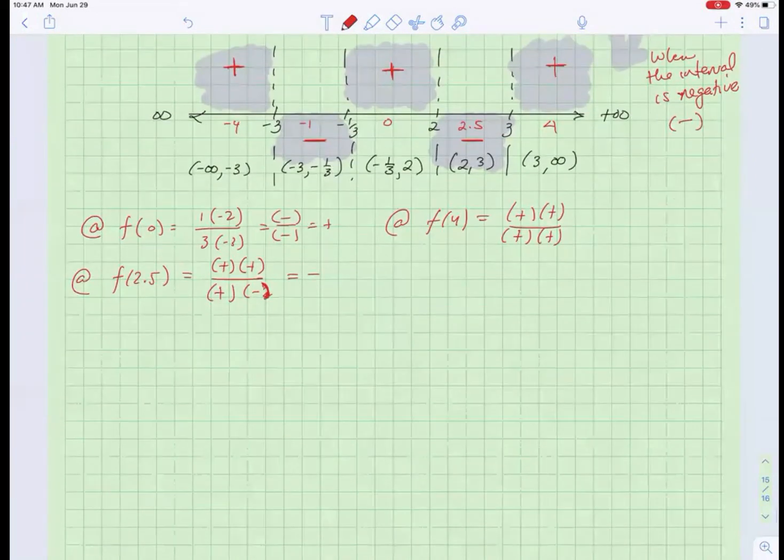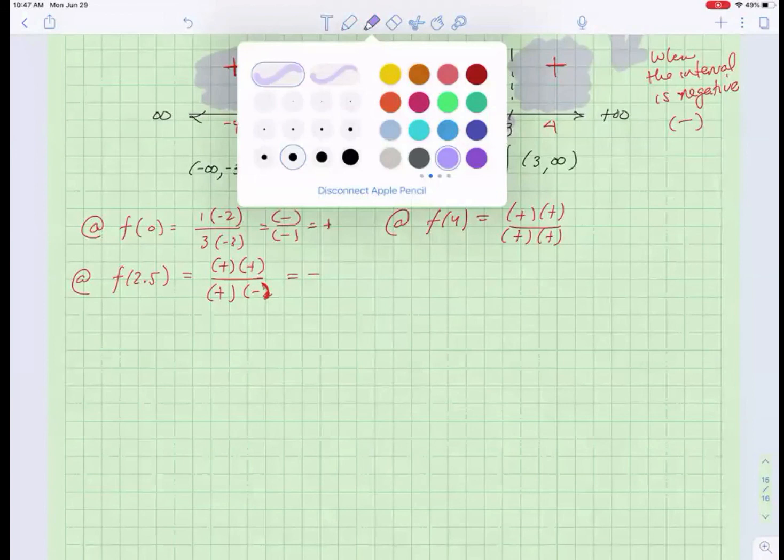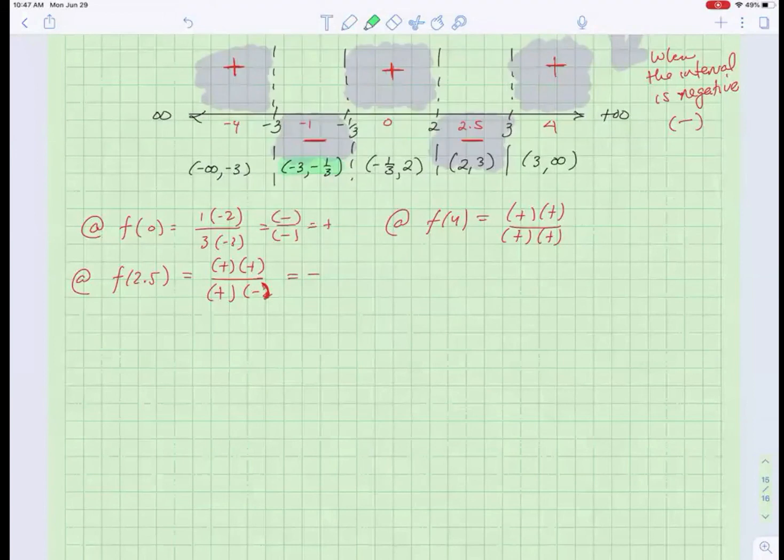So for us, that occurs here in those two intervals.